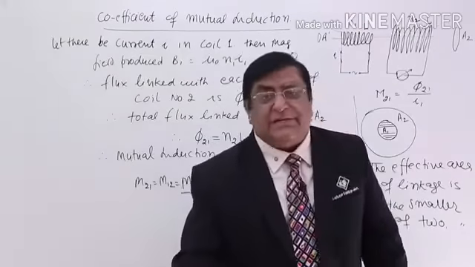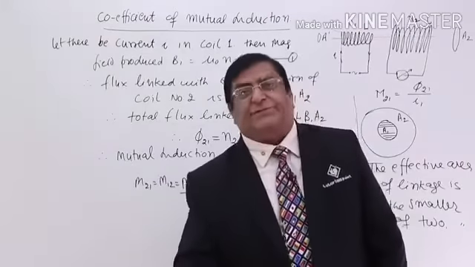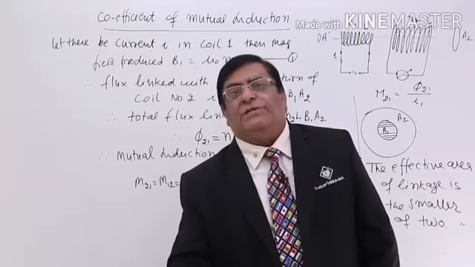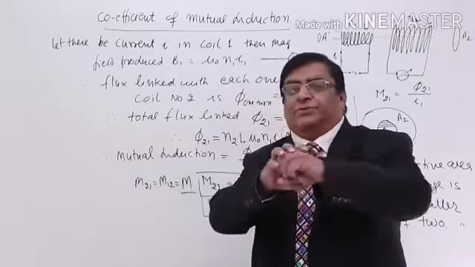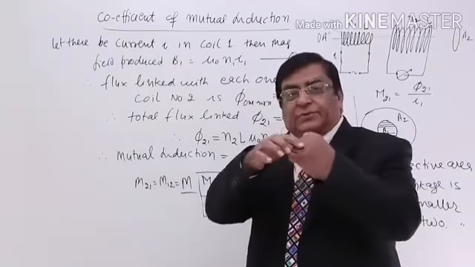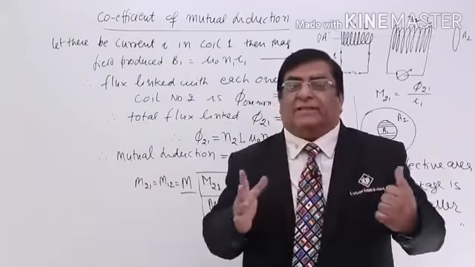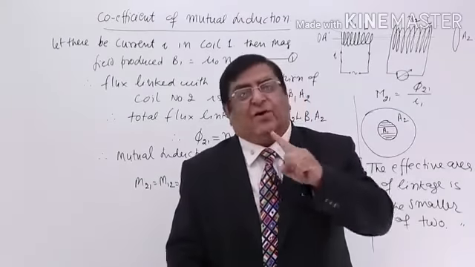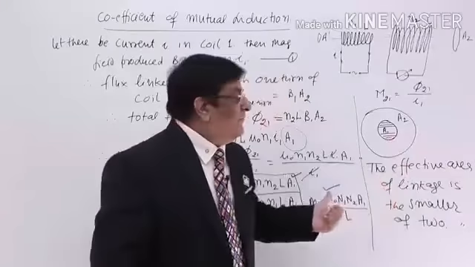Now, there is a typical question asked by students. The mutual induction between the coils, how is it affected by the length of the two? If we increase the length, will the mutual induction coefficient increase or decrease? We see both the formulas.